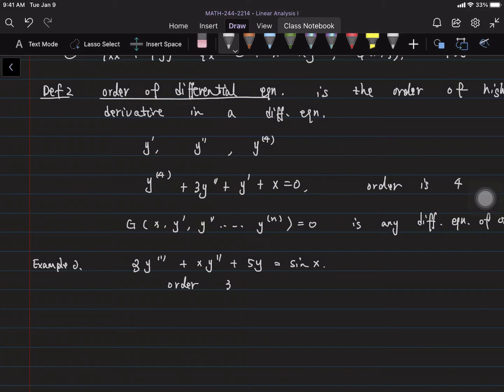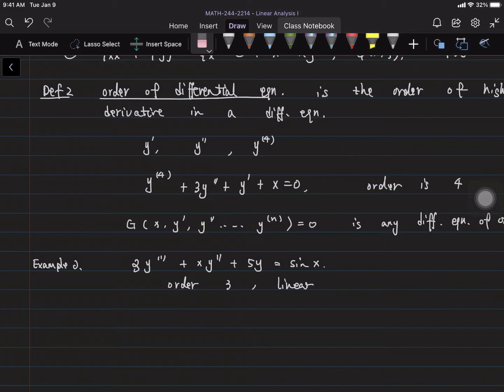And this is also linear. Linear means there's no power, no square, no cube, just a linear function. We know the linear function ax plus b equals y, right? There's no power. In this case, we call that linear. Same thing for a differential equation: if there's no power on the derivative, that means linear. This is the second definition.